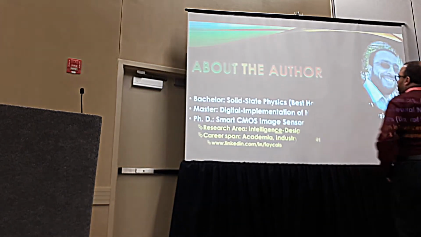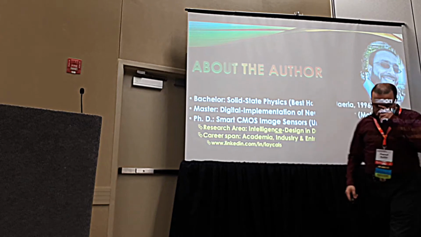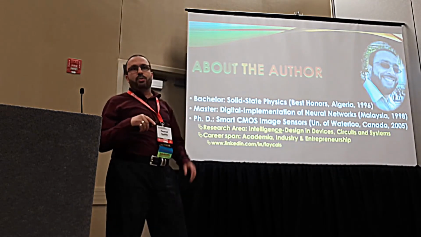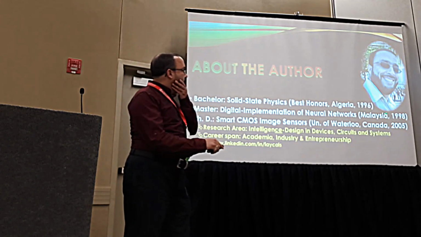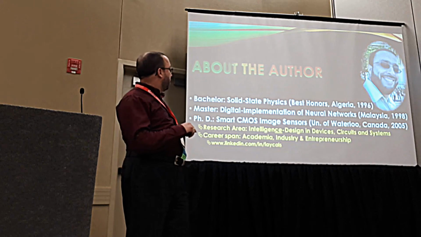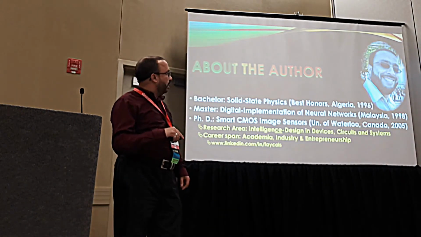I finish with a simple conclusion. Who am I? My name is, again, Faisal Safi. I did my bachelor's in solid state physics with best honors in Algeria back in 1996. Then I moved to Malaysia, where I did my master's in biophysics, in digital implementation of neural networks, in 1998.